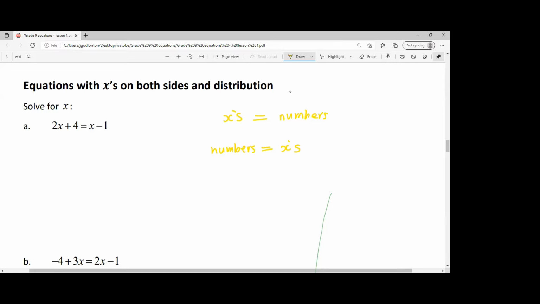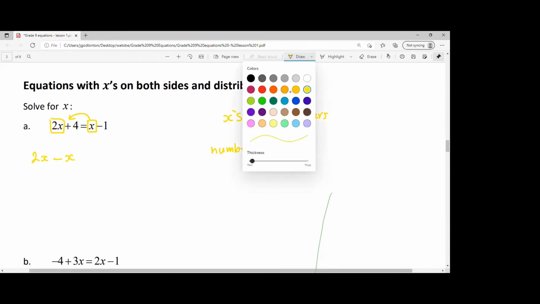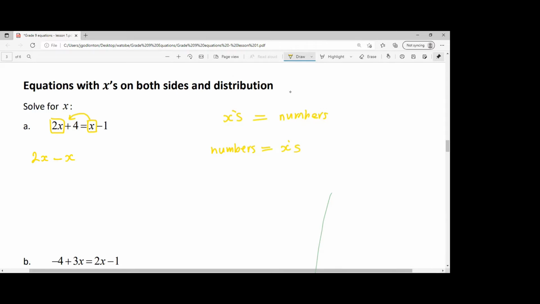So here I have 2x and I've got this x over here, and I want them both to be on the left-hand side. So I want to move that x onto there. And if it's a positive x, when it jumps over that equal sign, it's going to become a negative. So I'm going to have 2x minus x. And then if I have a look at my numbers, I've got 4 and I've got negative 1.